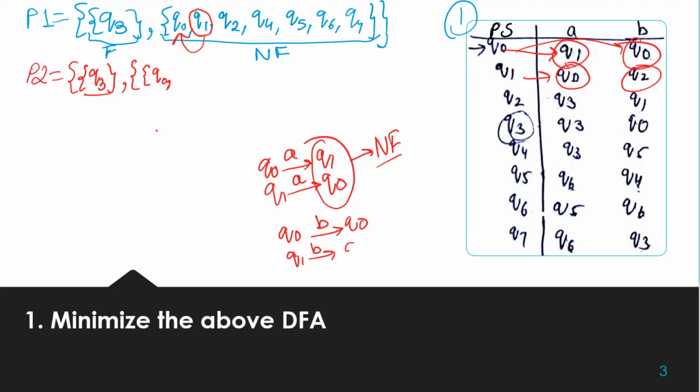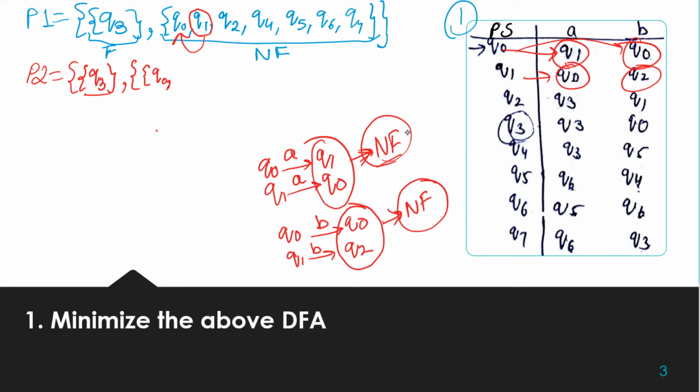And as we can check from the previous partition, these both states are the part of the same group, that is group of known final states. So Q0 and Q1 are compatible for both input symbols, as the resultant states for all the input symbols belong to the same group of the previous partition.